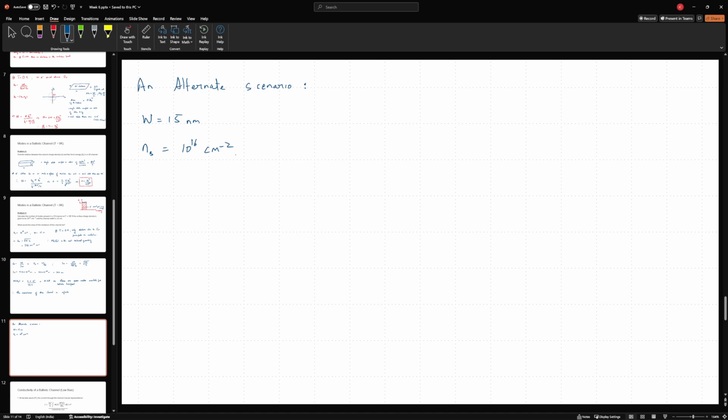Now, how will the situation change in this case? First things first, lambda Fermi is going to be square root of 2 pi divided by Ns.